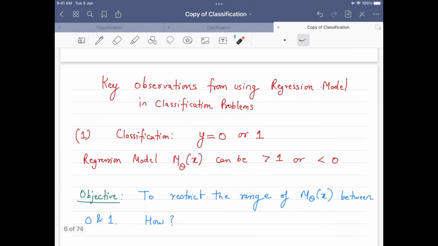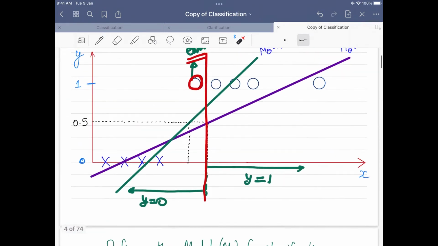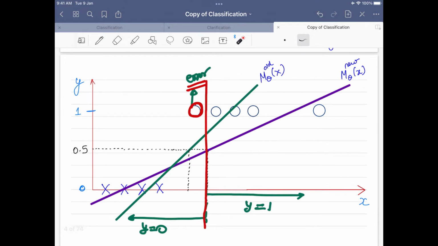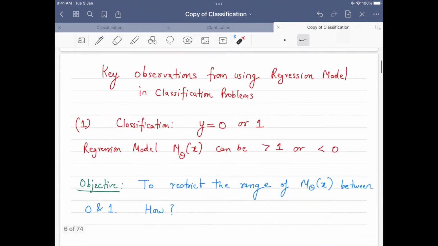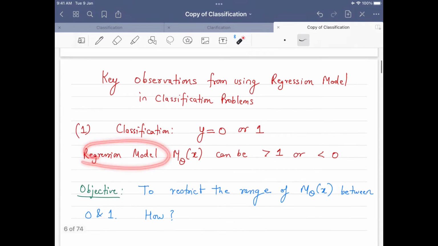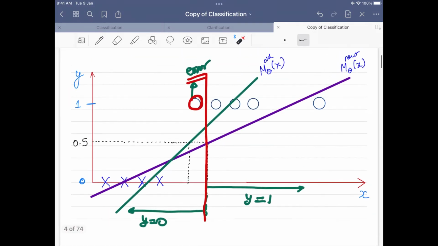From the earlier analysis we have made a few observations. In the classification setting, our y is either 0 or 1. That is the first observation: y will either be 0 or 1. However, when we fit a regression model, we get y in a continuous range.